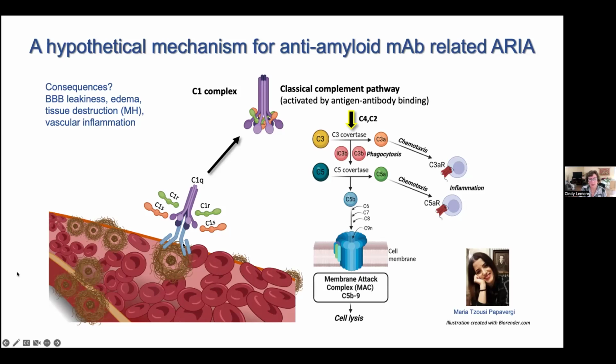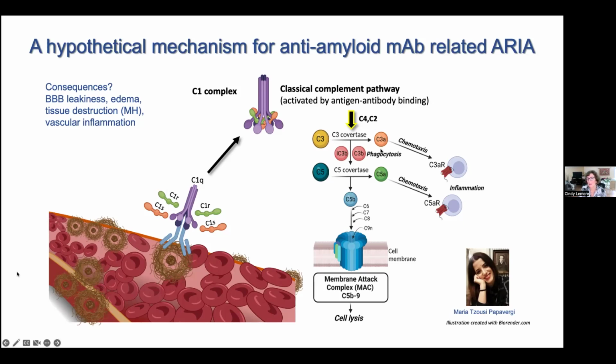Then these antibodies bind to vascular amyloid. They then get fixed by complement C1q, which is the very first step of the classical complement cascade. Then along comes C1r and C1s, and you need 2 copies of these, and this forms the C1 complex. This then cleaves C4 and C2, and their fragments form C3 convertase.